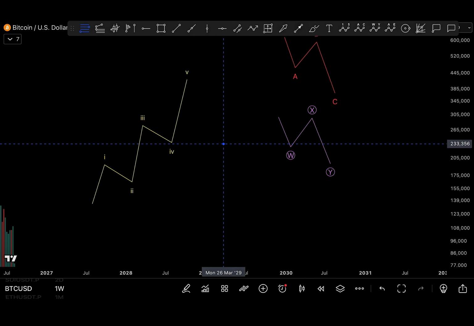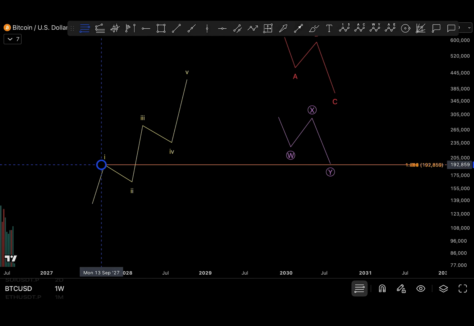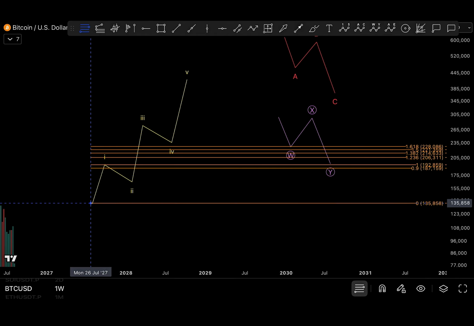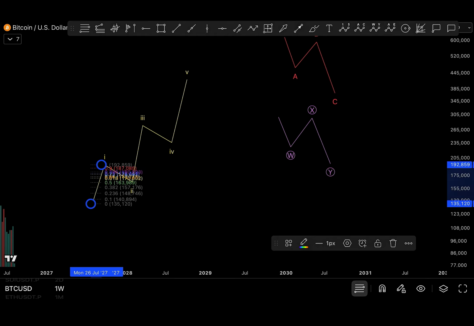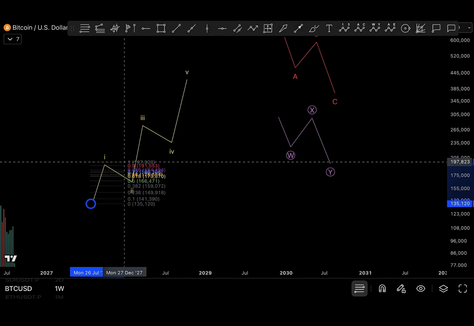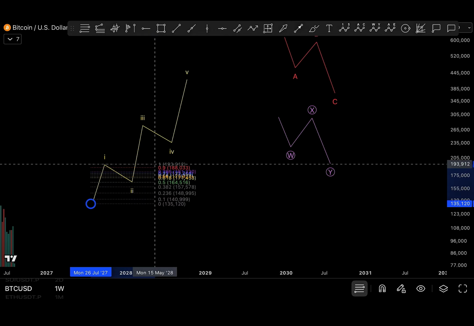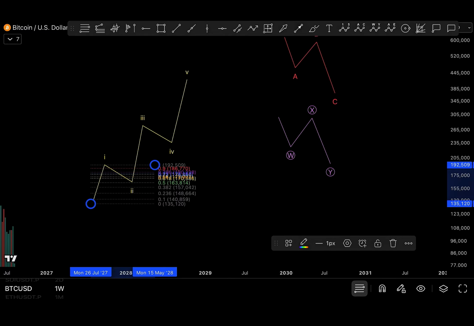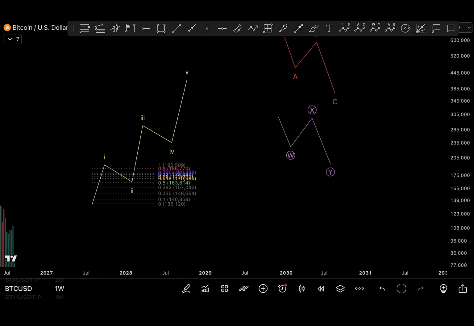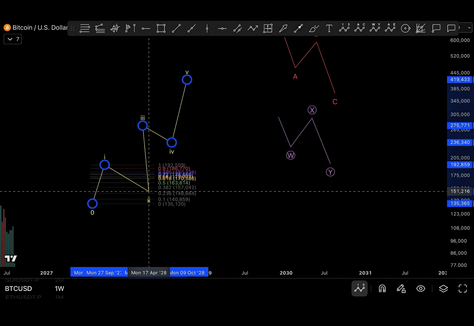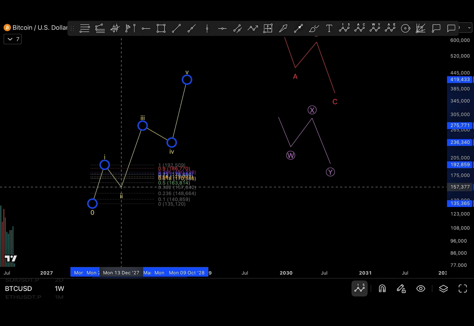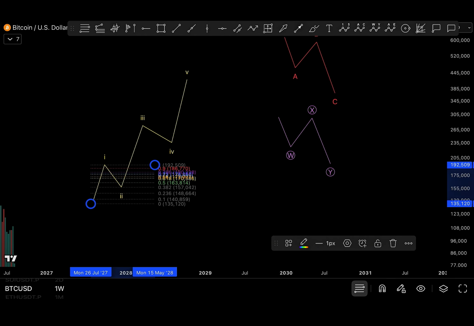When you use this one, you will have to drag it from the top to the bottom here. Let me use it like this. So now you can see the second wave can come down until this 0.5 level or 0.382. Sometimes traders use this reversed.